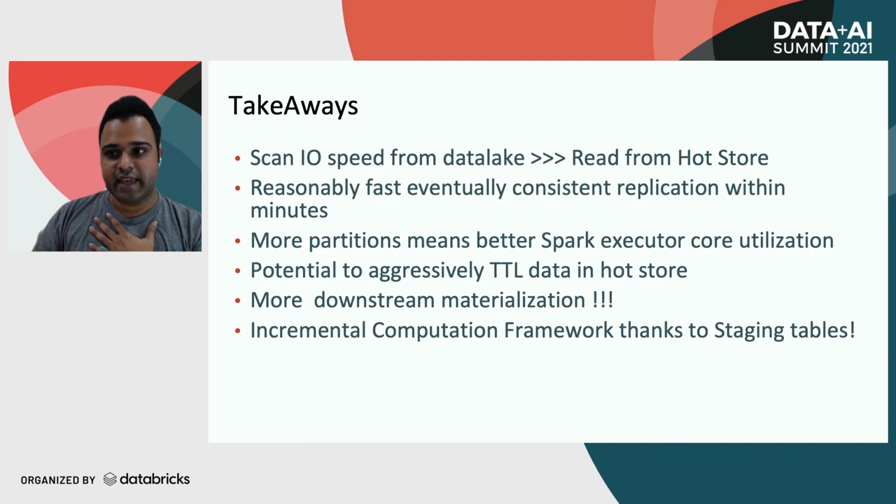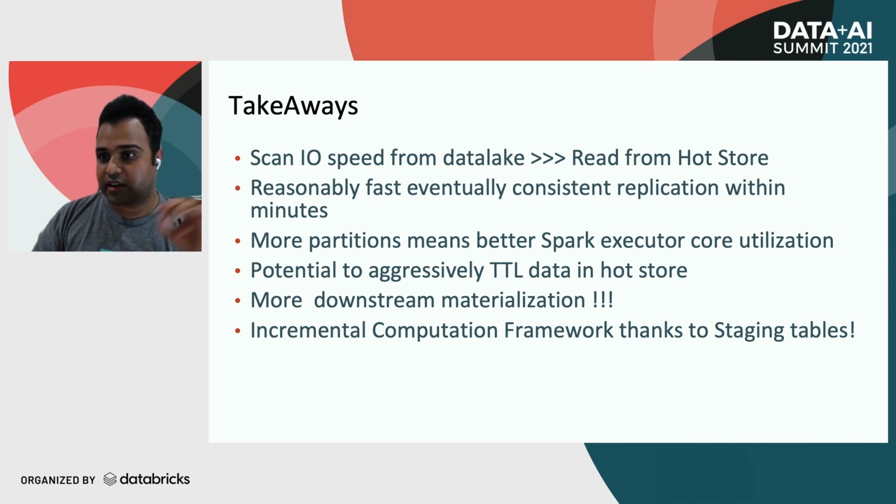Takeaways wise, the scan IO speed from the data lake is always way greater than the hot store. This is understating the obvious, but sometimes it just needs to be said. We're able to get reasonably fast, eventually consistent replication within minutes.